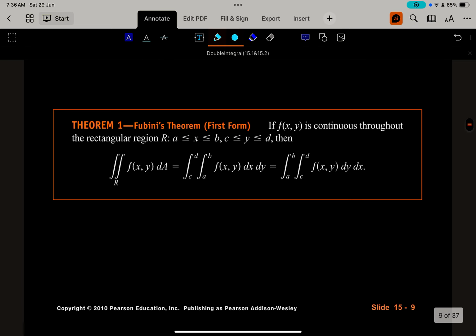Okay, so now we're going to go back to double integrals. I'm going to talk about Fubini's theorem, which is the first form.